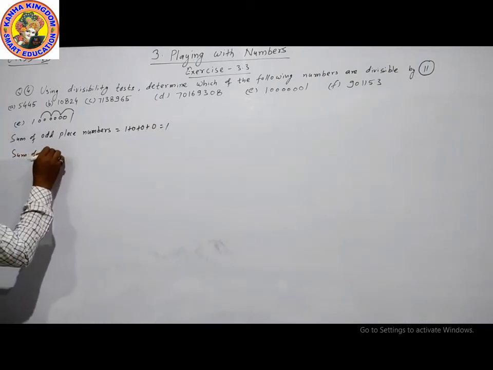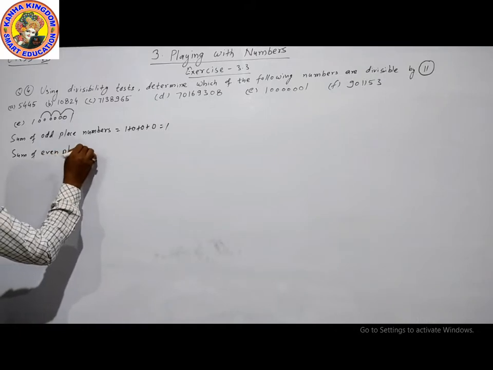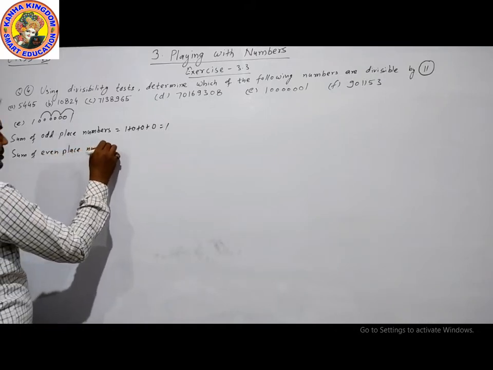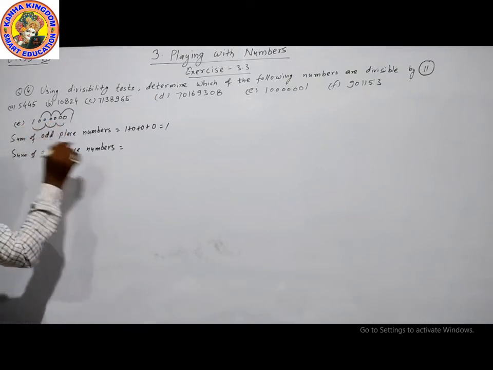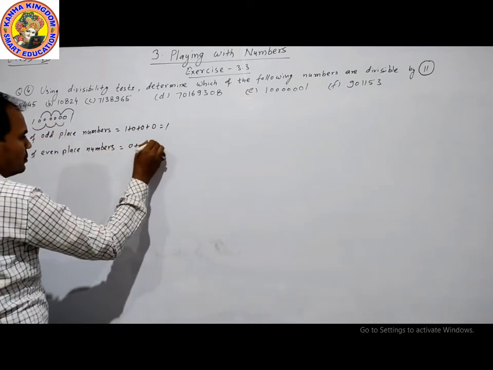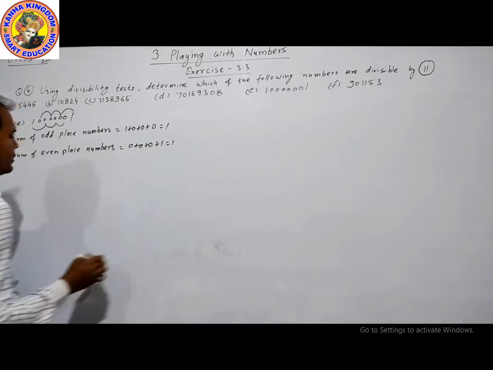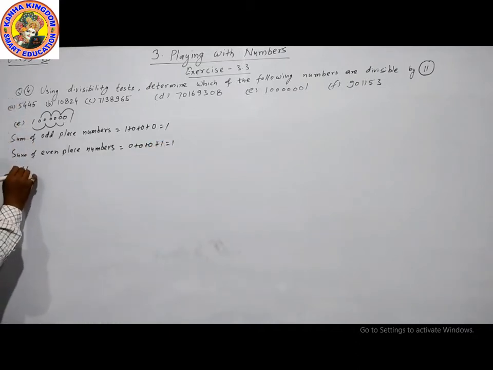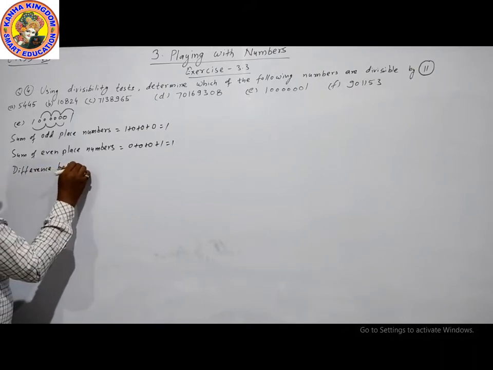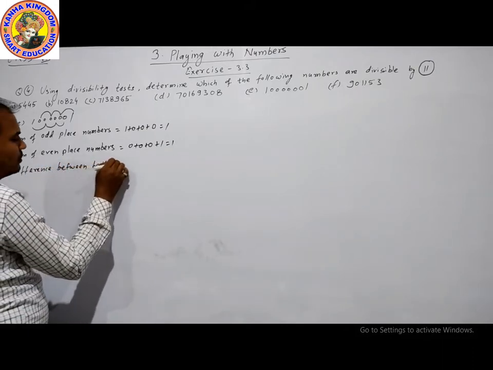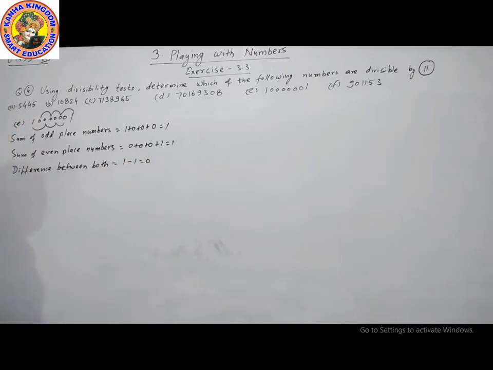Sum of even place numbers: 0 0 0 and 1. Answer is 1. Difference between both, 1 minus 1, answer is 0.